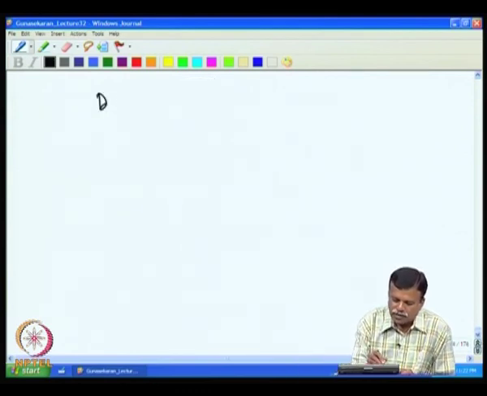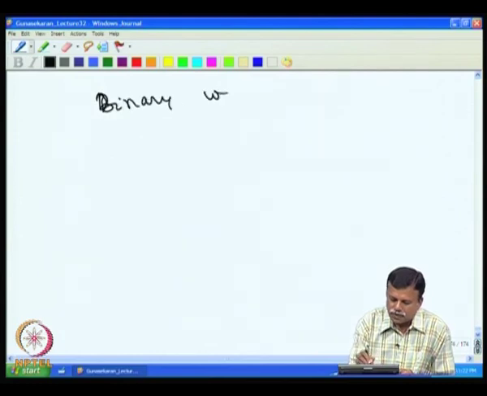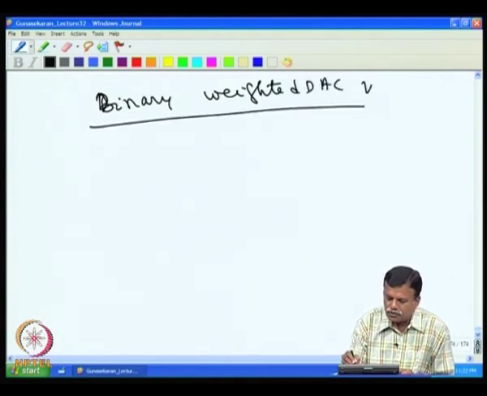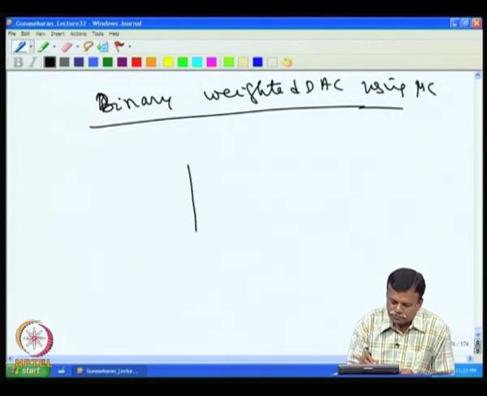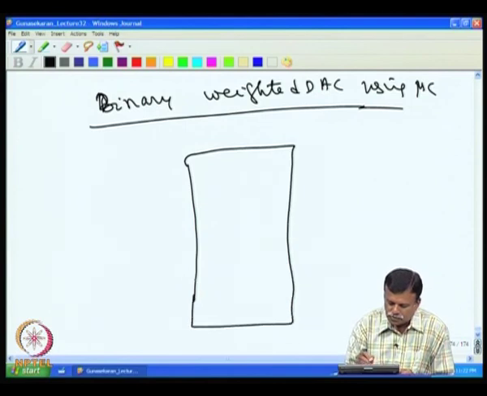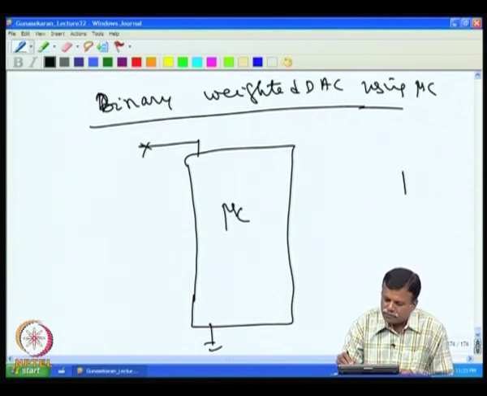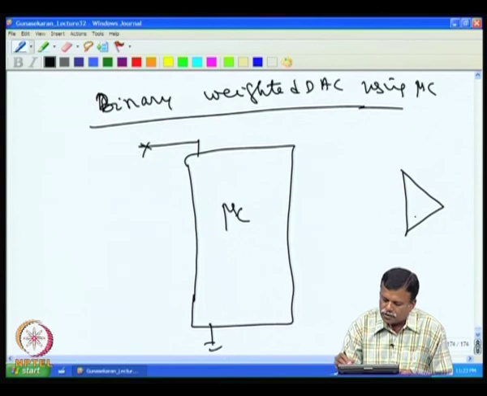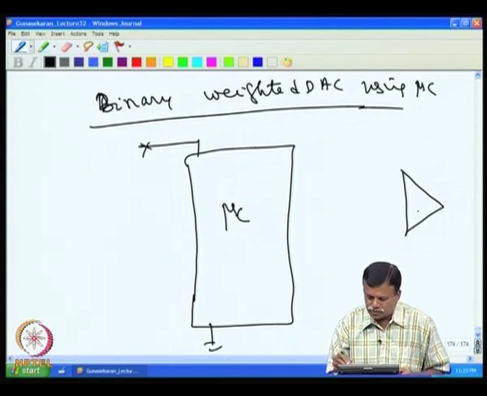So, binary weighted DAC using a microcontroller. For example, if you have a microcontroller, I can have a binary weighted converter.